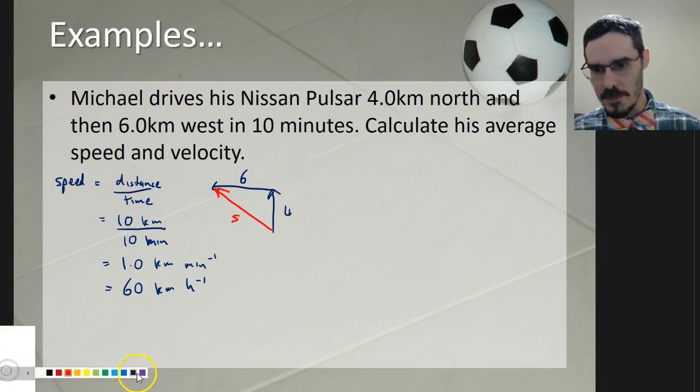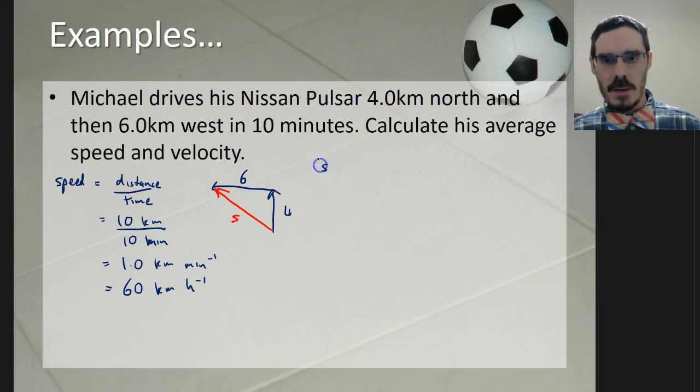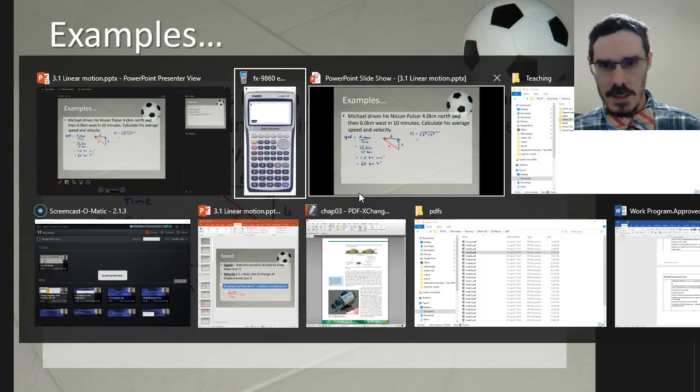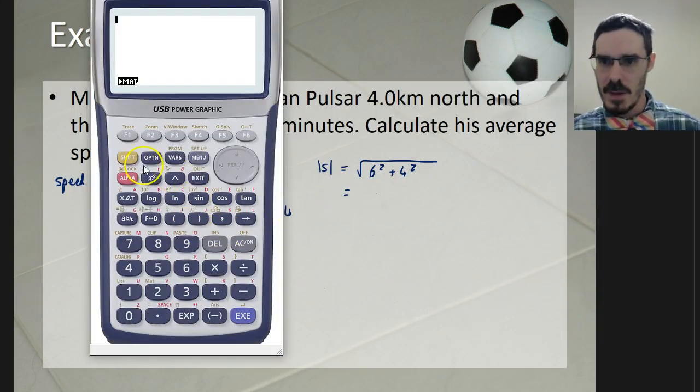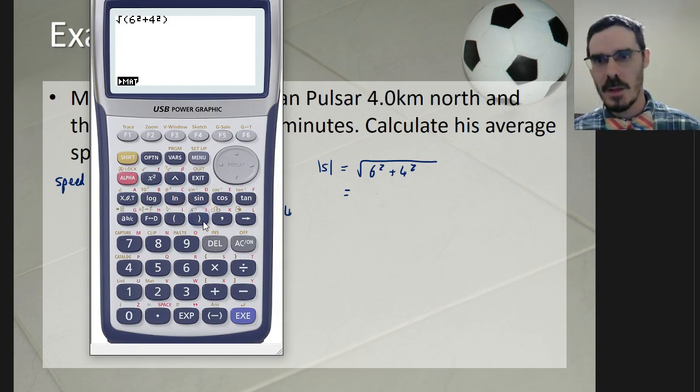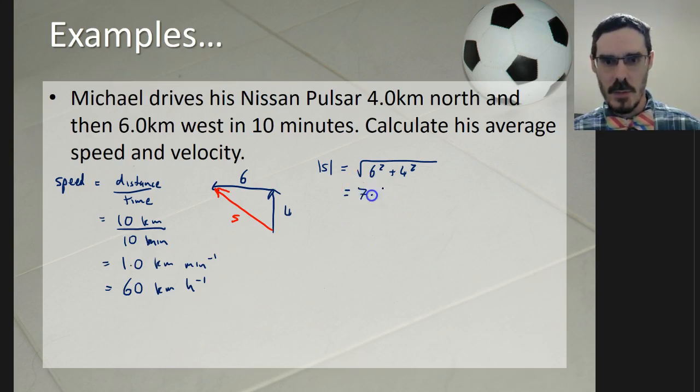That's what I warned you about. So the length of that displacement vector is the square root of 6 squared plus 4 squared, which is 7.211 kilometres.